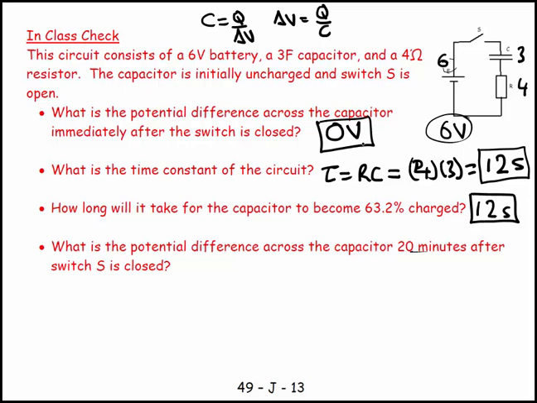Finally, when I'm fully charged, all the applied voltage is across the capacitor, and none of it is available across the resistor, so no current flows. So after a very long time this thing is fully charged, and my voltage is going to be 6 volts. It's the maximum available.